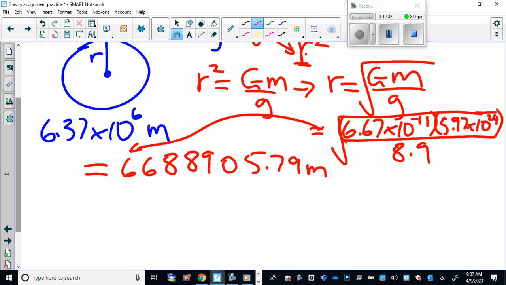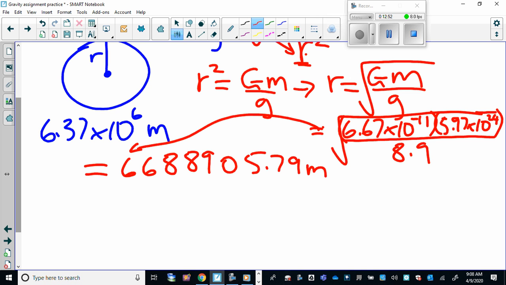I'm just going to verify that. 6.67 times 10 to the negative 11 times 5.97 E24 divided by 8.9 equals, and then take the square root of the answer. And yes, that's the answer.